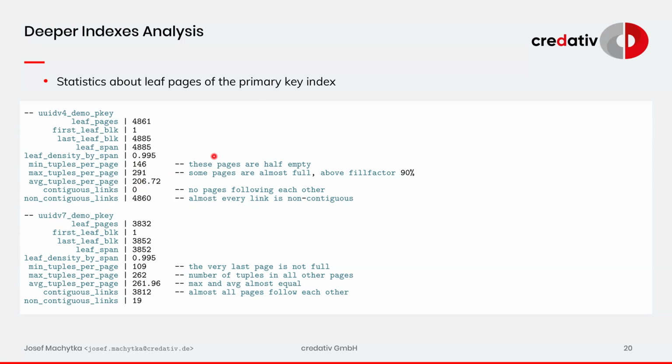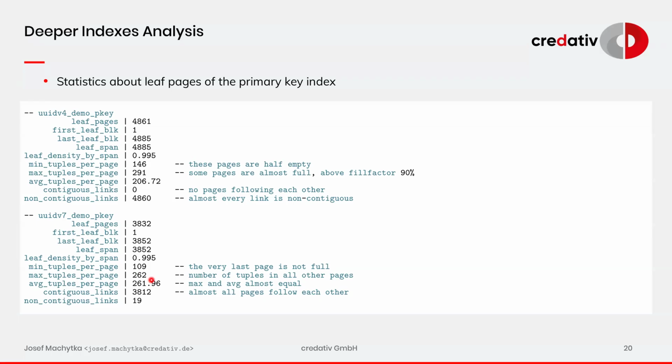So what we can see here is that the primary key index on UUID version 4 has an average count of tuples per page around 200, which means, when we compare later those numbers, that the average density of those pages is smaller than those 90%, that's 71, because here we have density 90%, which is this number 262 tuples per page.